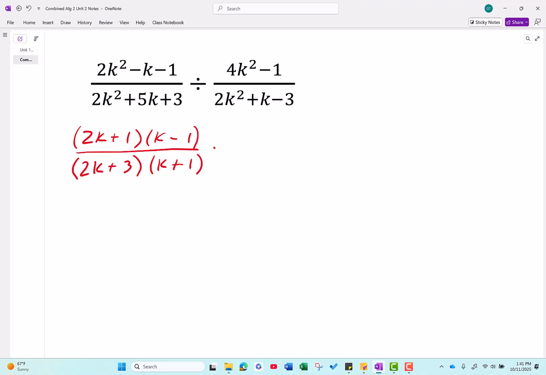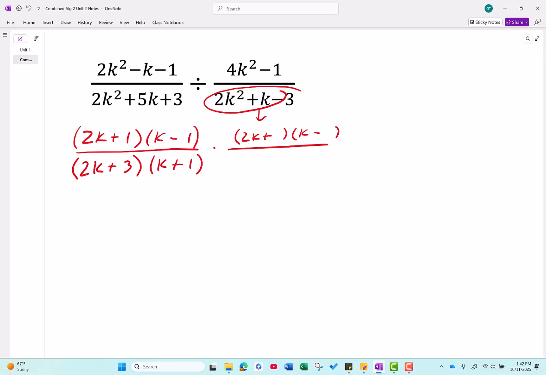Now I need to flip this second one. So I'm going to factor this part first. Okay, so I got a negative, so I'm going to have a positive and a negative. Again, the order of the signs might need to be changed, but I'll work it out from here and figure that out at the end. So now I have negative 3, so I know I'm going to use 1 and 3.